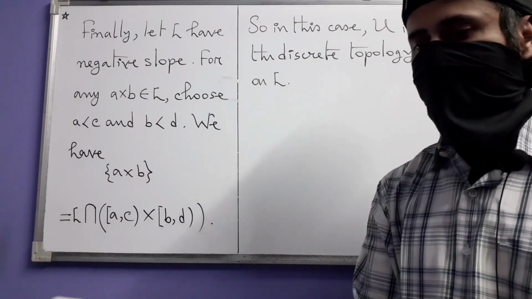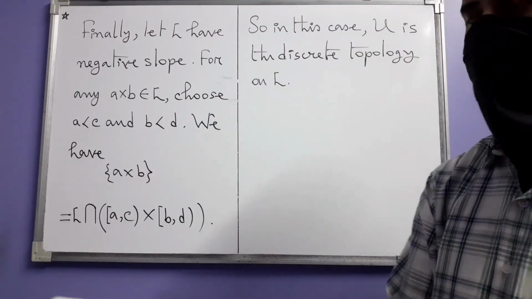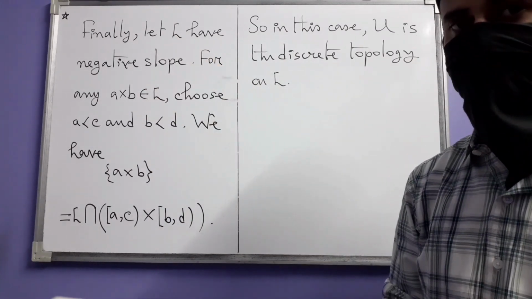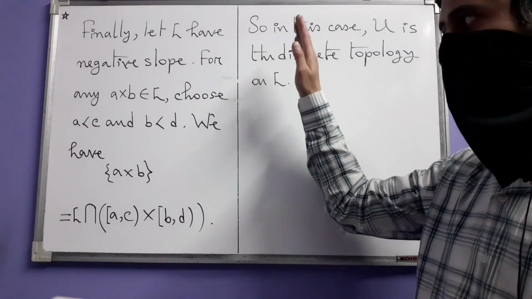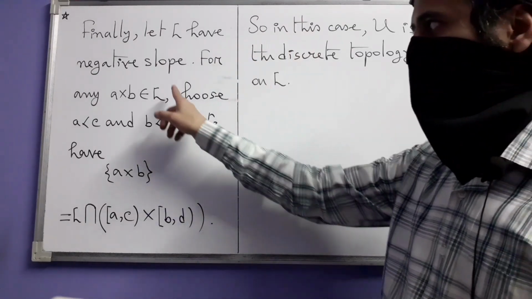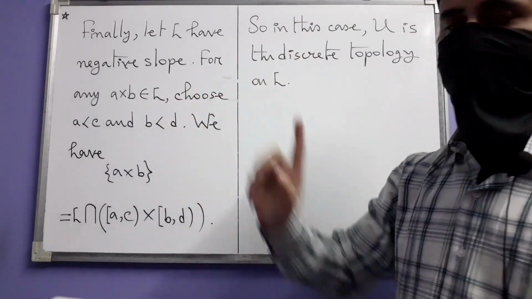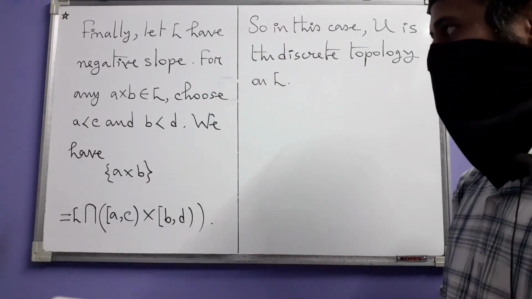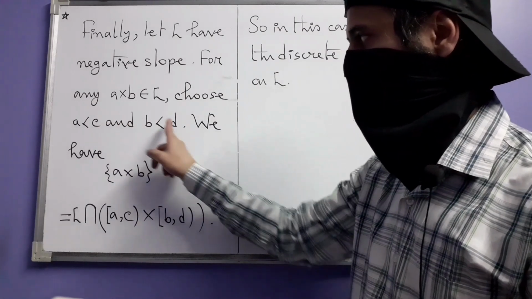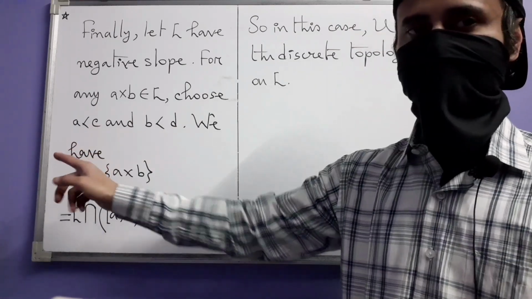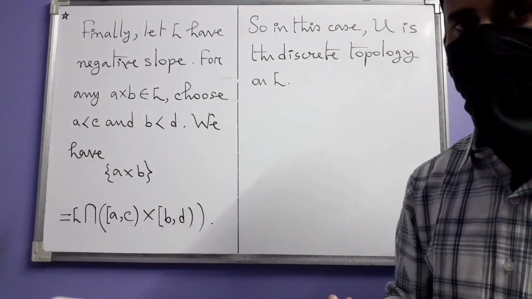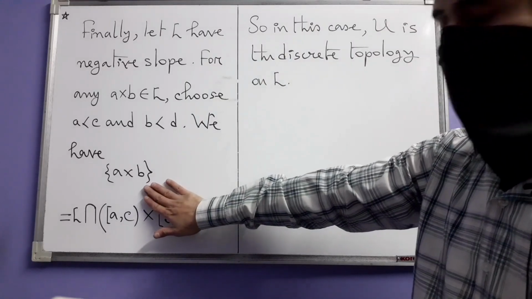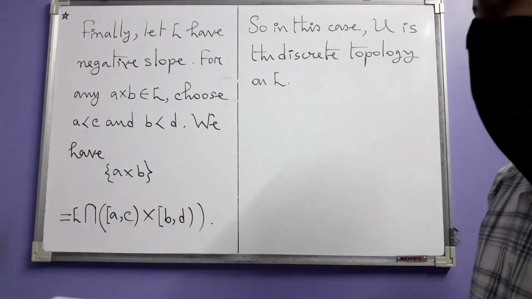And finally we have only one more case for us to see, which is when L has negative slope. That means L is now like this. Now we choose any point A times B in L, just any point. And then we choose real numbers C and D, which are respectively greater than A and B, that we can always do. And then we consider this singleton set consisting of only that point.